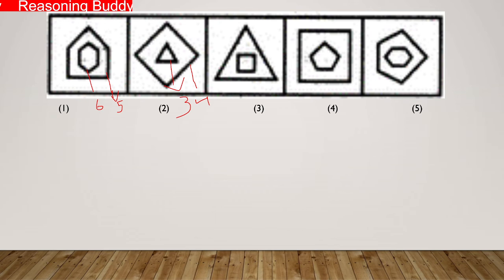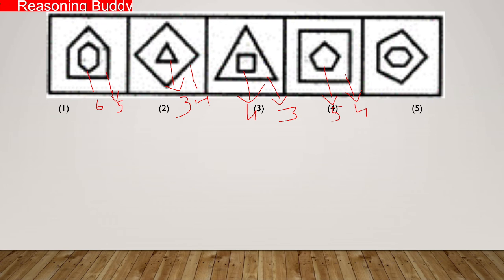And in figure 3, the outline figure is a triangle, 3 line segments, and the inside figure is a square, 4 line segments. In figure 4, the outline figure is a square. It has 4 line segments. Inside is a pentagon, that is 5 line segments.